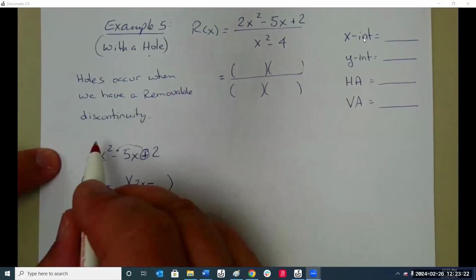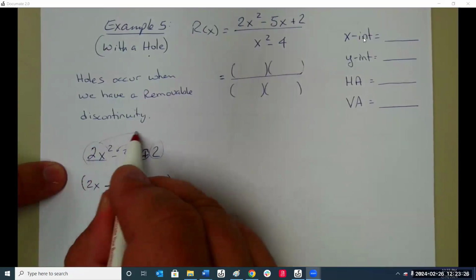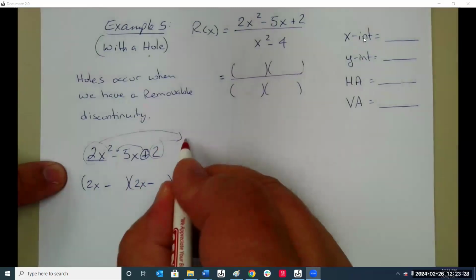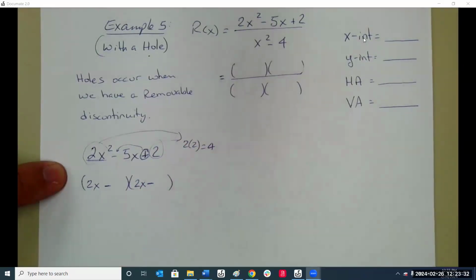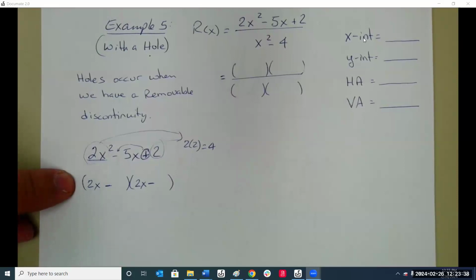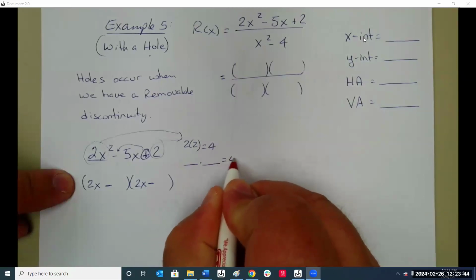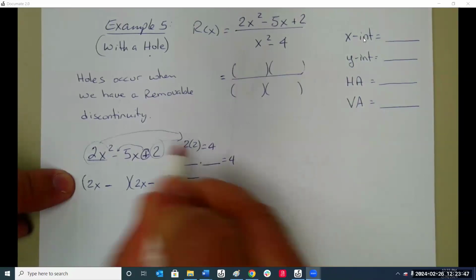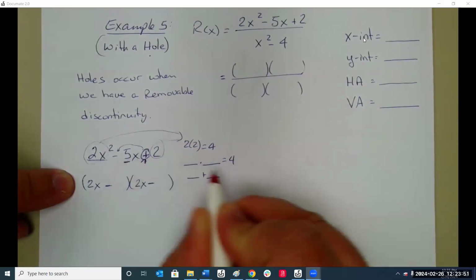Now, take the first term and the last term and multiply those together. So we have 2 times 2, gives us 4. Now we have to figure out what times what equals 4, when we add them, we get 5.